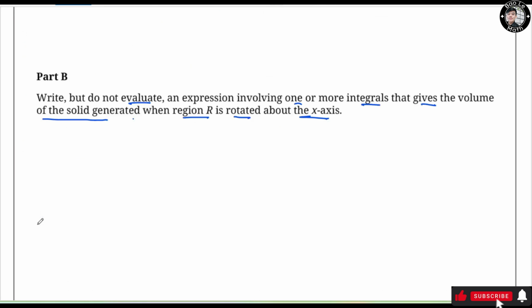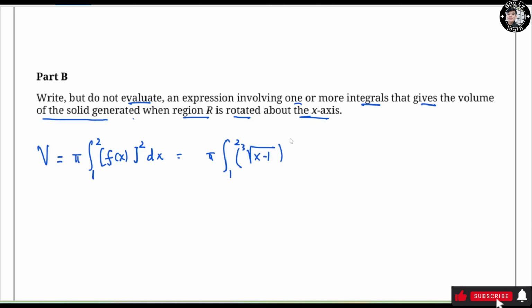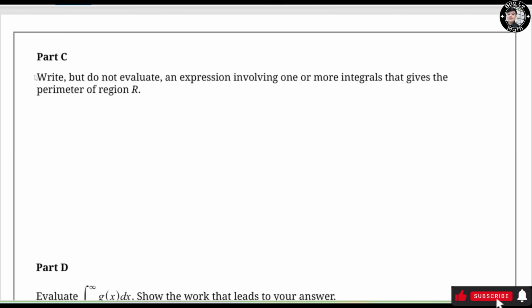It's going to be volume equals pi times the integral from 1 to 2 of f of x altogether squared dx, and it's going to be pi times the integral from 1 to 2 of cube root of x minus 1 altogether squared dx. That's it.